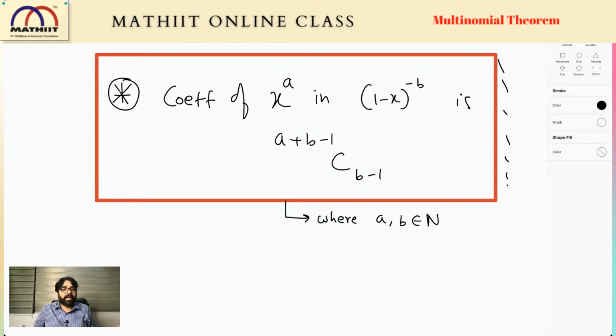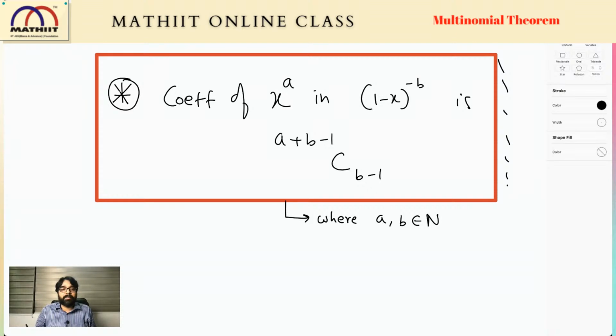How to derive that I told you. Derivation is not a problem. If somebody says, sir, something else, 1 plus x, then you can also do the things by writing 1 plus minus x. But it's not required. We'll see that in the binomial. Not here. Here I can give you this formula directly, but if the feel will not come, if feeling is not there, then there is no use in learning anything.